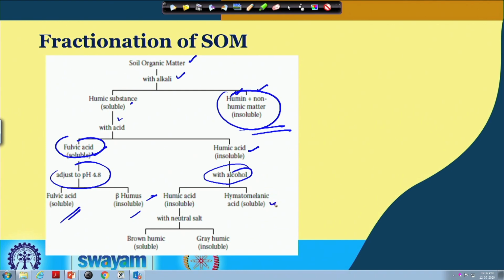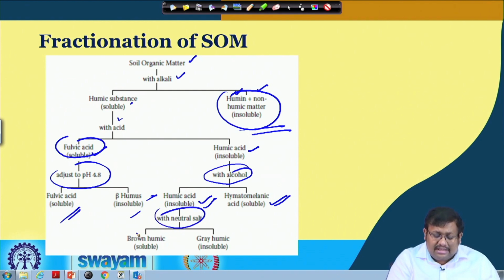One is the soluble hematomelanic acid, another is insoluble humic acid. Now, this insoluble humic acid, if we further treat it with neutral salt, will be further divided into brown humic acid and grey humic acid. So, this shows the step by step process through which we can fractionate the soil organic matter.